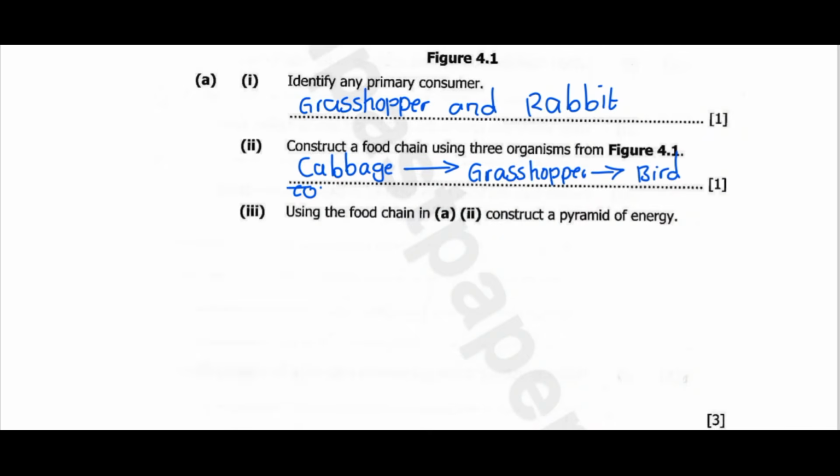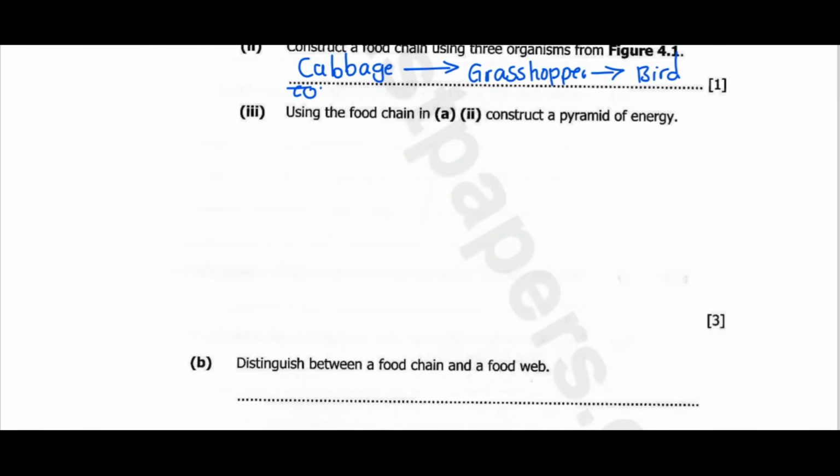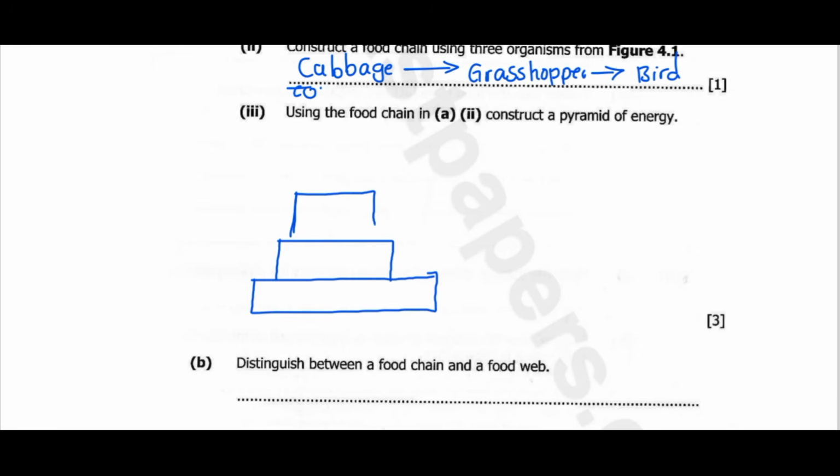Okay, so now using the food chain in A1, A2, construct a pyramid of energy. So a pyramid of energy is a pyramid that shows the energy from the first trophic level to the next up to the third. So we are going to have 3 trophic levels. So the first and the lower trophic level is always larger in terms of size.